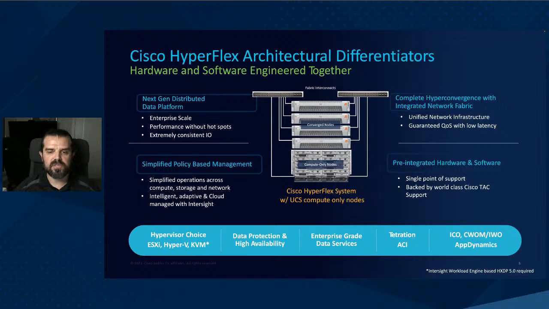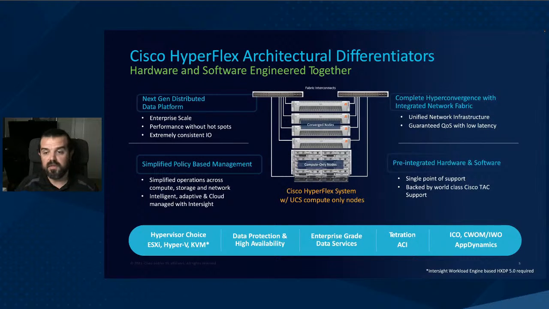Our HCI solution consists of two different worlds. The first part is software and the second part is hardware. For the software part, we are using HyperFlex Data Platform, which is our software-defined storage solution. We take local drives from the servers and create a shared storage cluster, and we provide this to VMs, virtual machines.